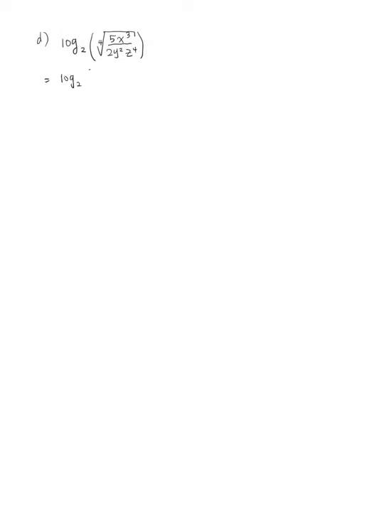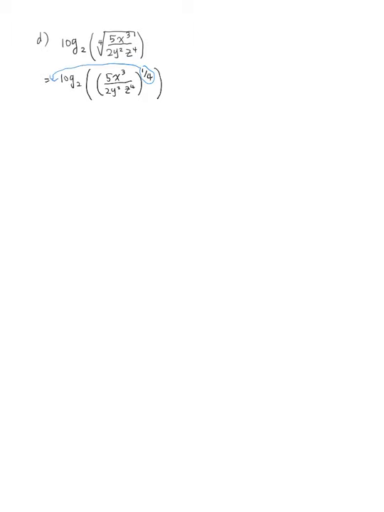Log base 2 of 5x to the 3rd over 2y squared z to the 4th, all to the 1/4. Okay, so now what? Yep, that exponent 1/4 goes in the front of the log.